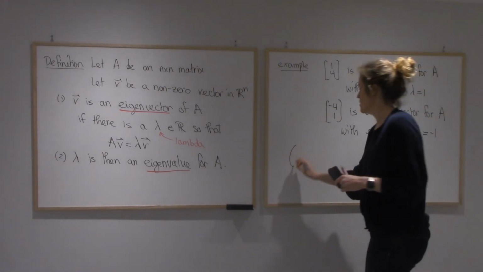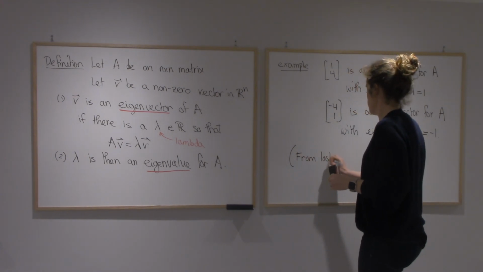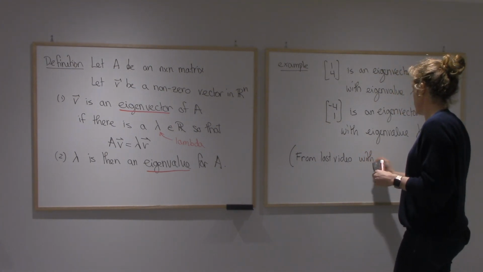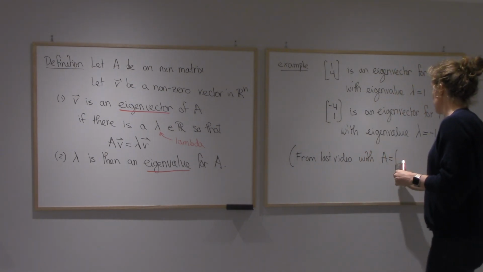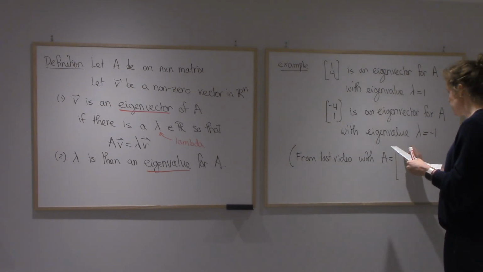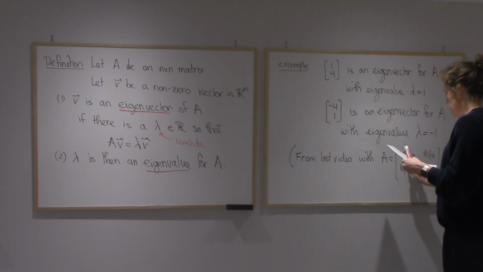We've done all the work before. Let me just remind you what that matrix was, especially if you didn't see that video or it's been a while. So A was minus 15 over 17, 8 over 17, 8 over 17, and 15 over 17.